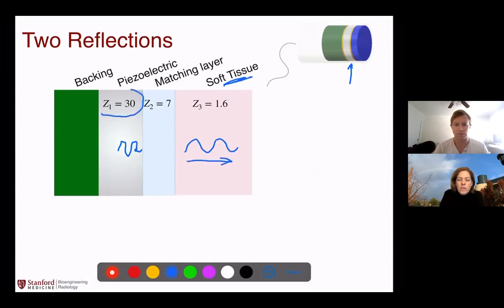Given what we already know about acoustic impedances, if we don't have a matching layer, we're just going to have a lot of reflections and very little transmitted through. In other words, if you just put that piezoelectric crystal right up against soft tissue, there's not very much transmission. So we're going to put another layer in between, called the matching layer, and it's going to have an acoustic impedance in between those two.